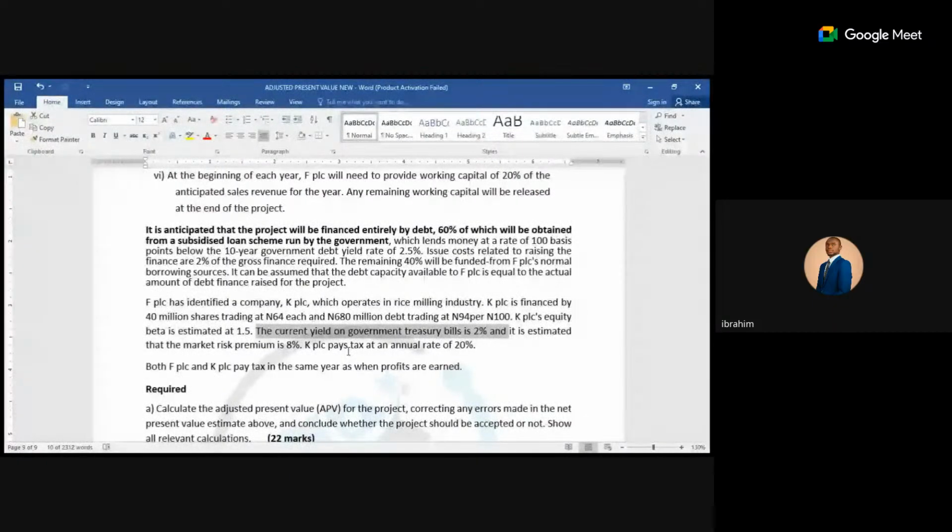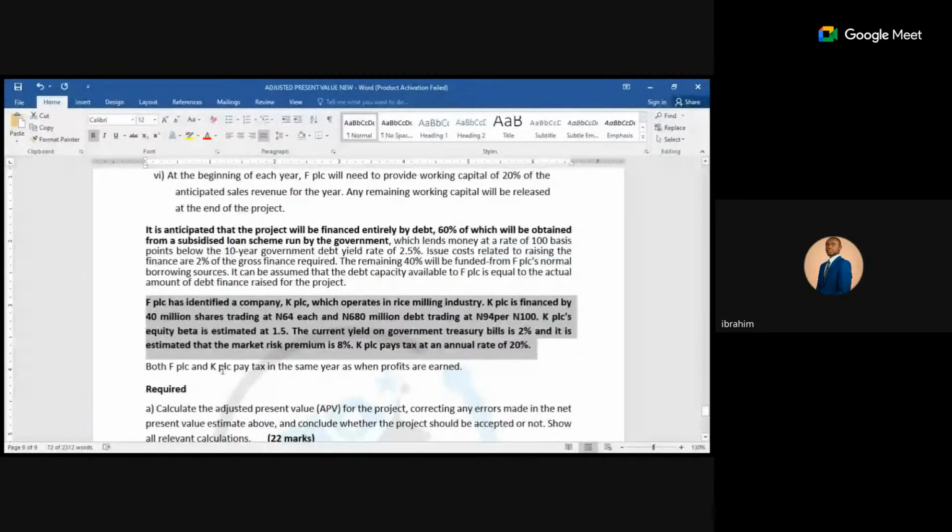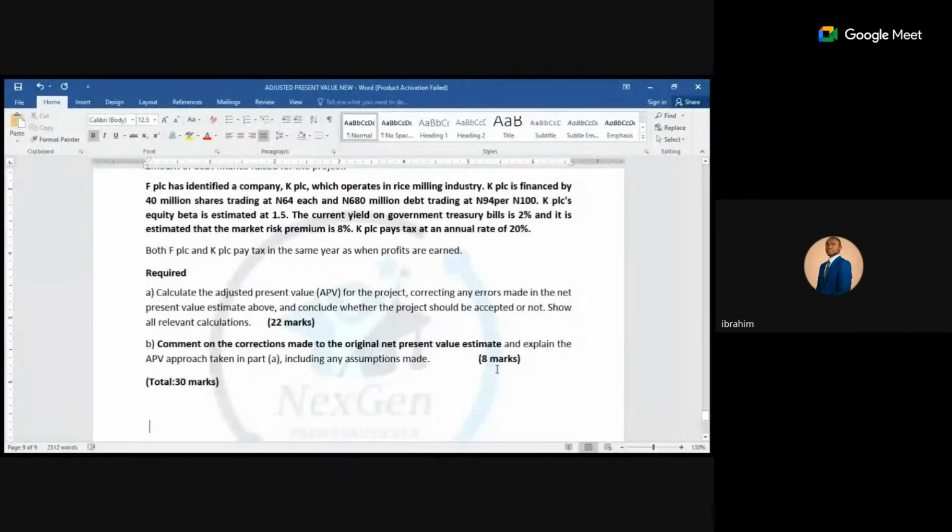Both FPPLC and KPLC pay tax in the same year as when the profit is earned, not in arrears. Calculate the adjusted present value.